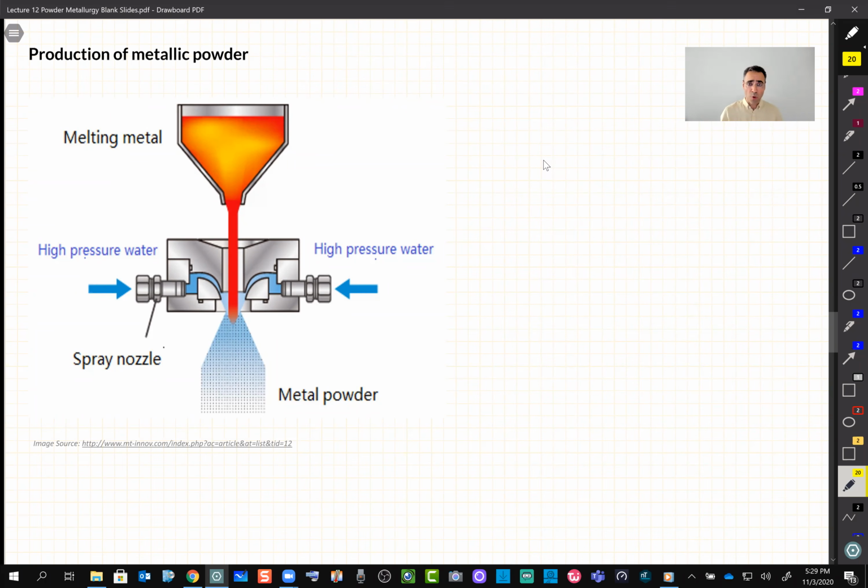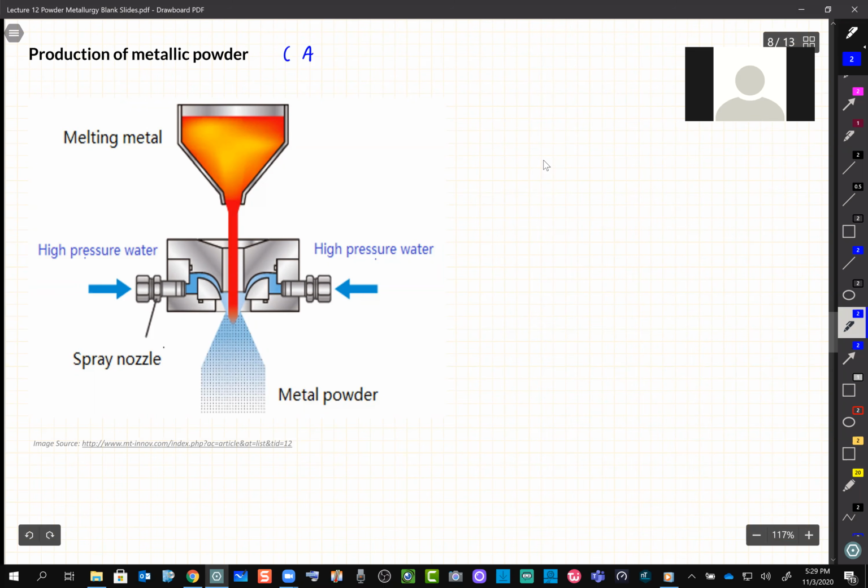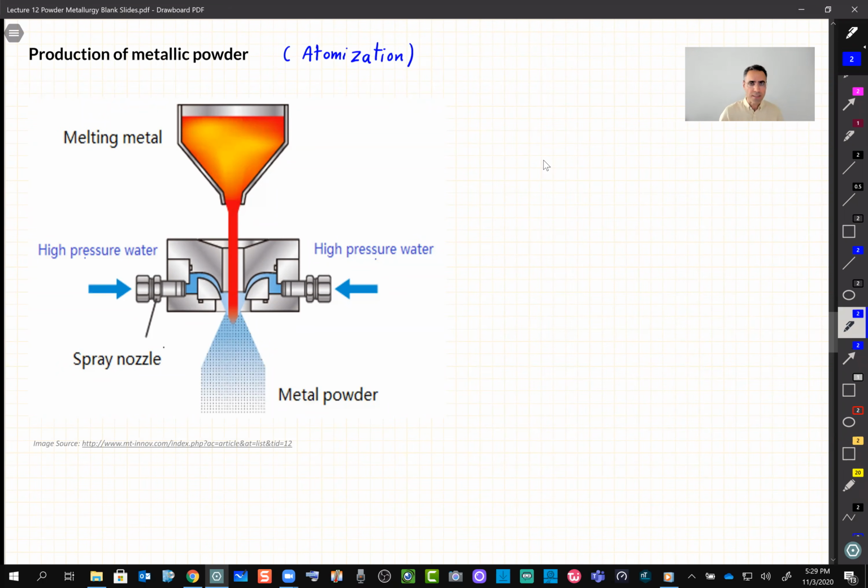You spray it with water, and the result is very, very fast solidification of these small particles. This process is known as atomization. So let me write it down. Atomization. So if you heard of it somewhere, or the process of making powder, or powder process simply.